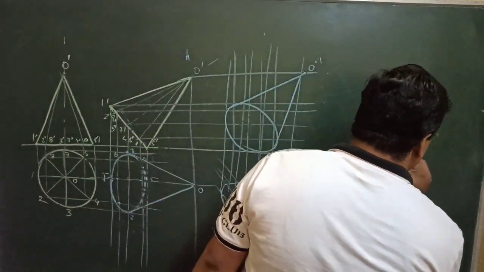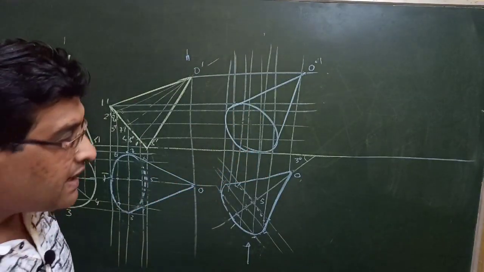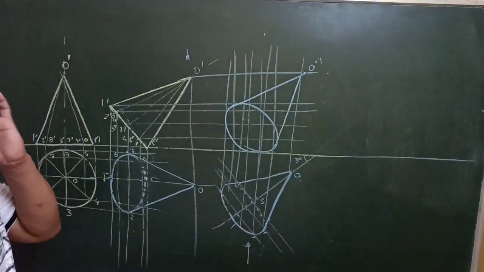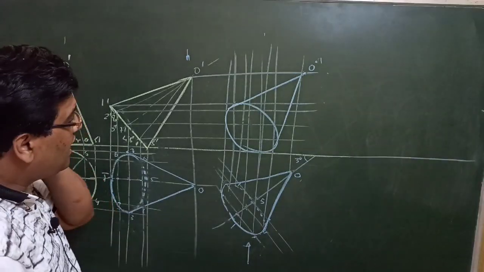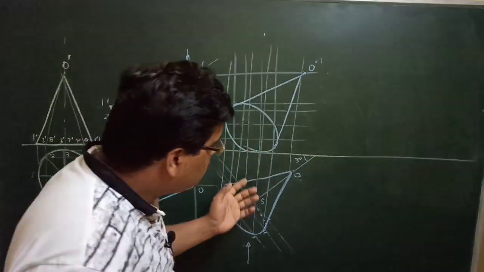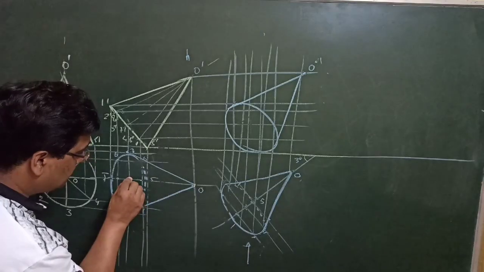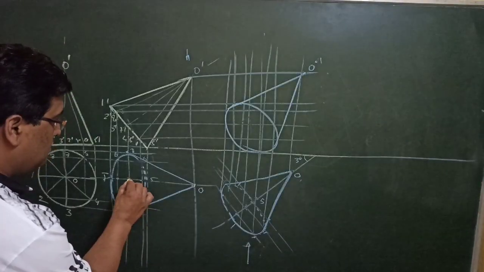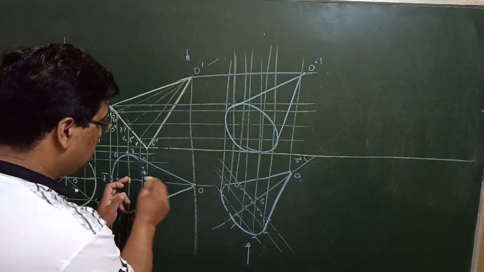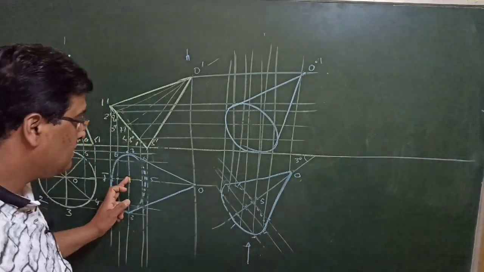For the second condition, that is axis itself making an angle of 30 degree with the VP, we have to take the original axis, not the top view. What is happening here? Here from O to this midpoint, in this diagram, this is the axis length, top view of the axis.